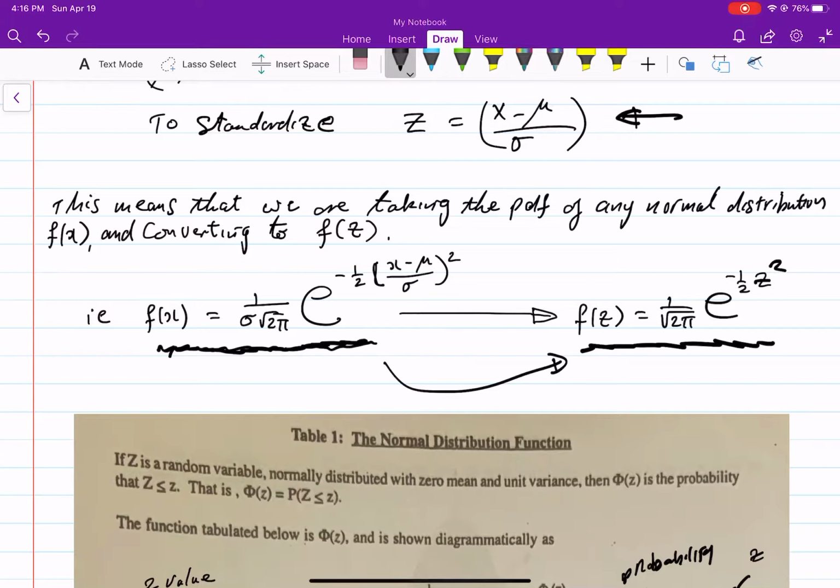You would remember back when we were doing the generic PDF for a continuous random variable, how did we find the area under the curve? When it was an actual curve, we integrated, right? Well, this function here doesn't lend itself so easily to be integrated. And even if that were the case, it's beyond the scope of this course.